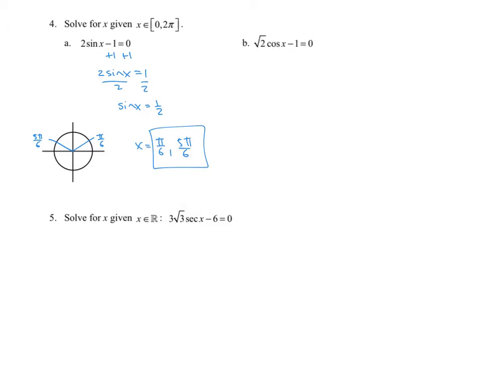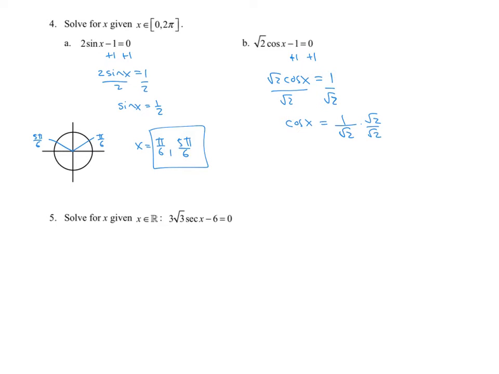In the next one, again, we want to isolate the trig function, so we want to get cosine x by itself. So I add 1 to both sides, and we get square root of 2 cosine x equals 1. Then I divide both sides by radical 2, and we get cosine x equals 1 over radical 2. I don't recognize that value from the unit circle, so I'm going to rationalize the denominator and see if that helps.